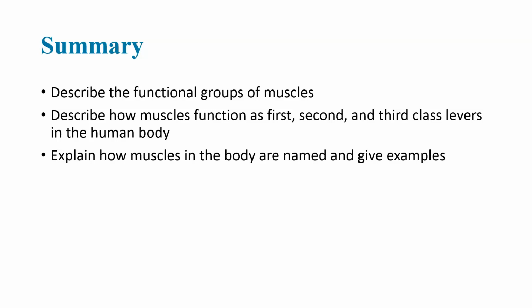What do the synergists do? These are supporting muscles that help create movement. We talked about how muscles function as sources for effort or force in your first, second, and third class levers in the body. And we also talked about how muscles are named in the body. And I've given some examples.